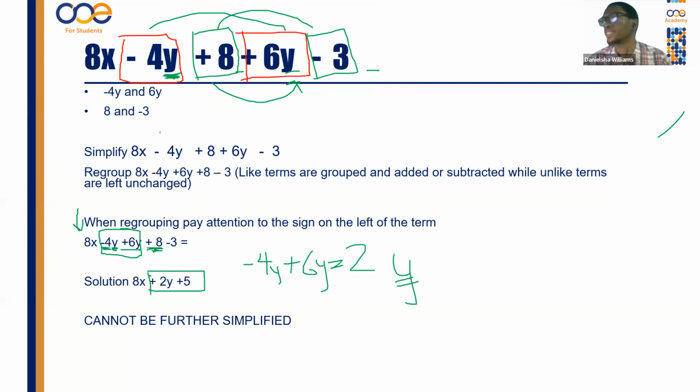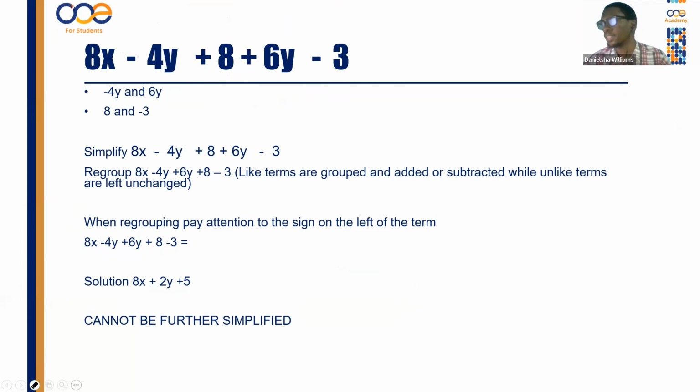Cool. So when given an expression like the one you're seeing above, the first thing we do is look at the variables we see in it. We're seeing x, y, and some numbers by themselves.